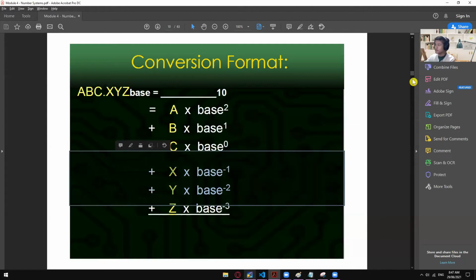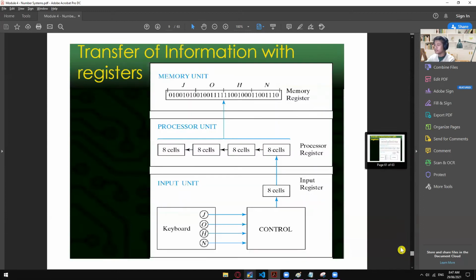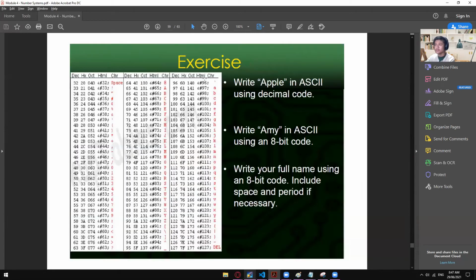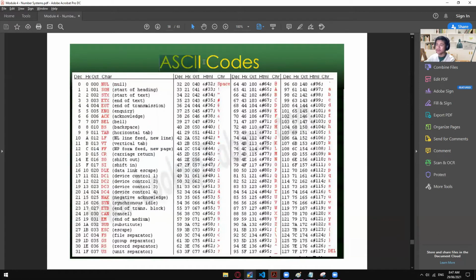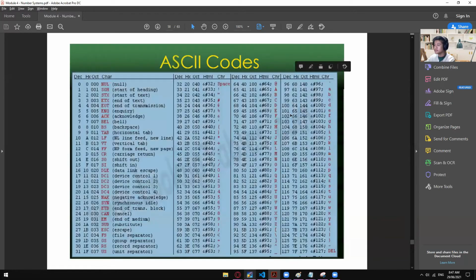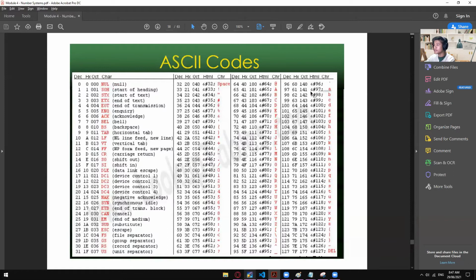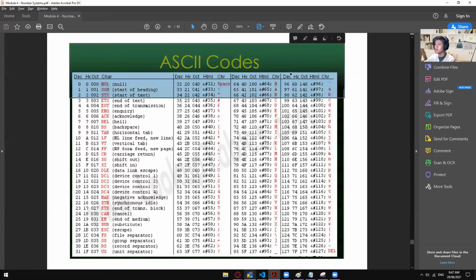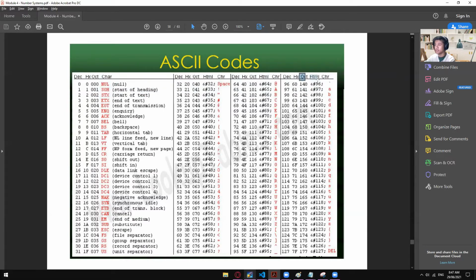If you go to the last slide, we are using this ASCII code. For example, a small letter A is represented by 97, 61, 141, or even hashtag 97. So it has a lot of different representations. It could be decimal, hexadecimal, octal, or HTML.